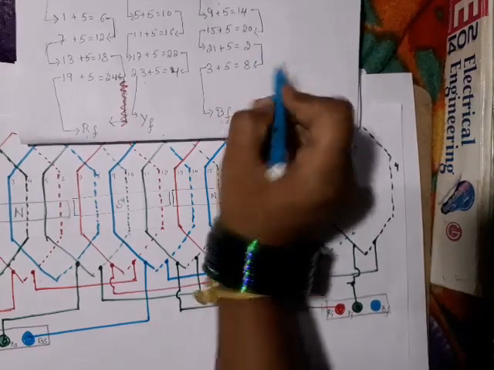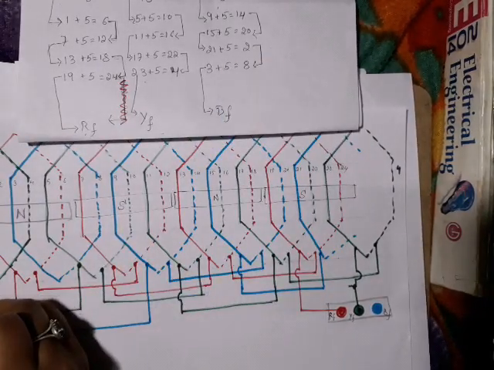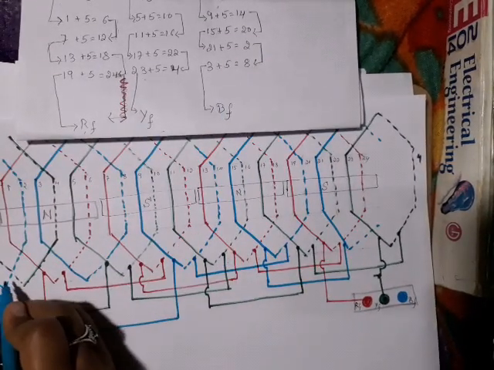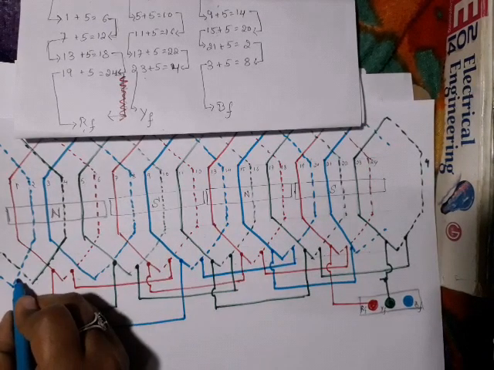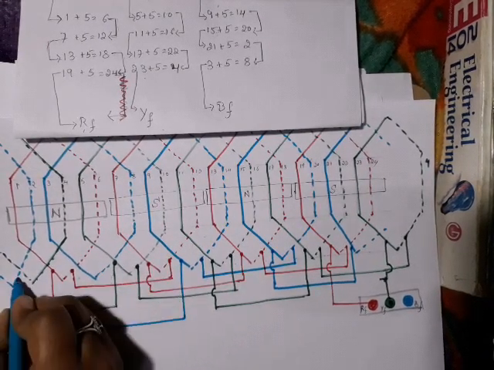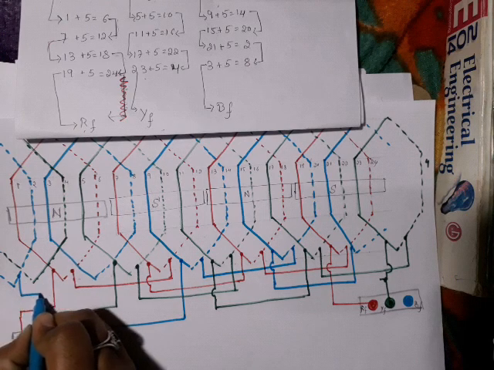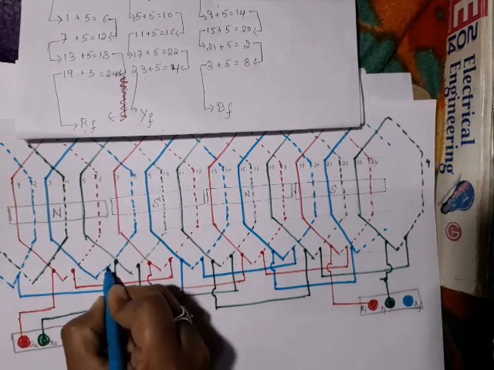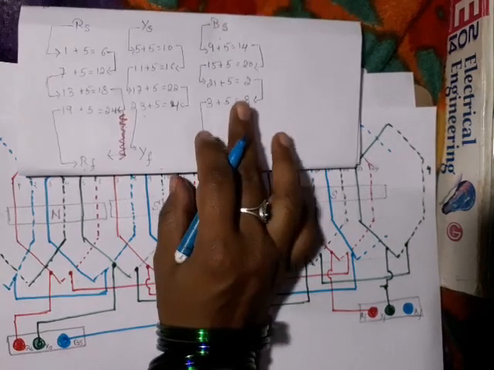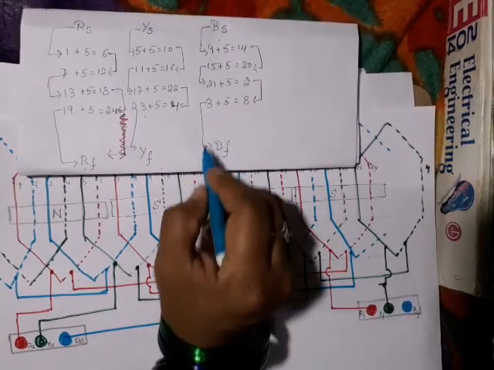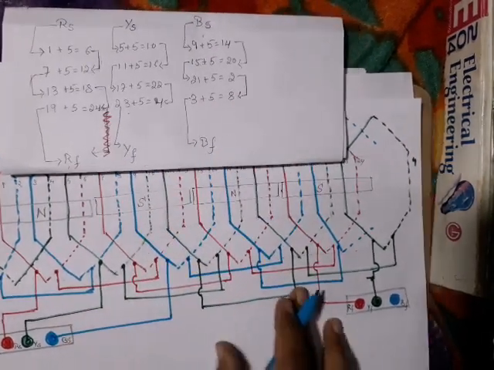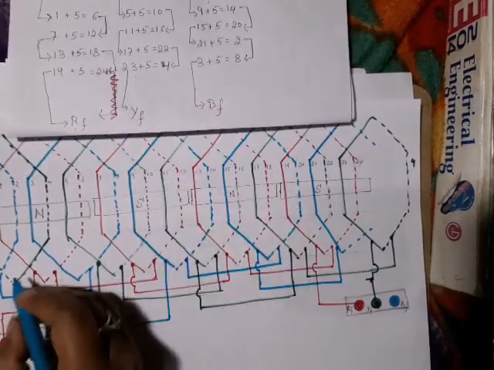2 is connected to 8. We have coil number 2 here. You can see here, 8 is here. Join these two. 2 is connected to 8. 3 is connected to BF. So this is coil 3.